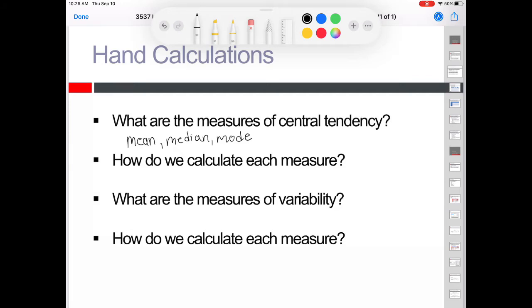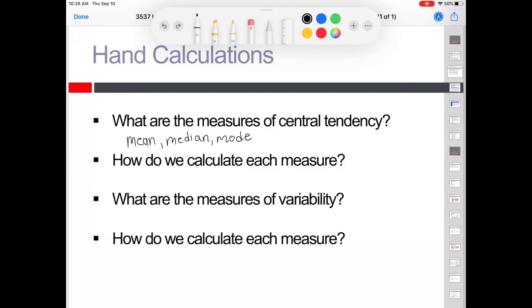Mode is going to be our most frequently occurring observation. So if we have 5 data points and we have 3, 2, 6, and 4 as our data points, our mode is going to be 3 since we see that occurring the most in the data.